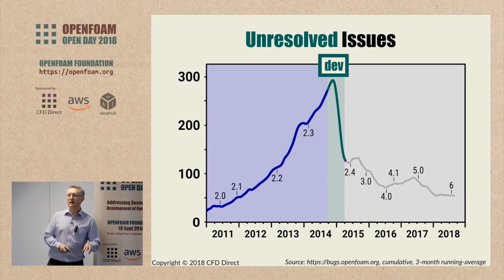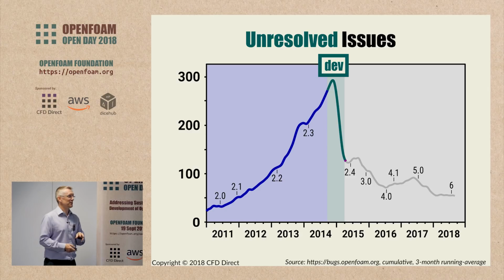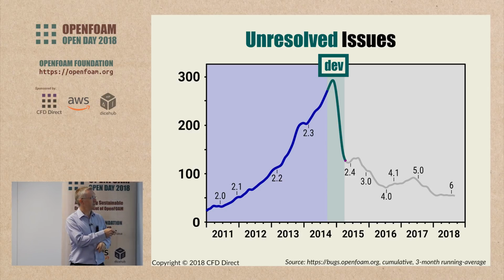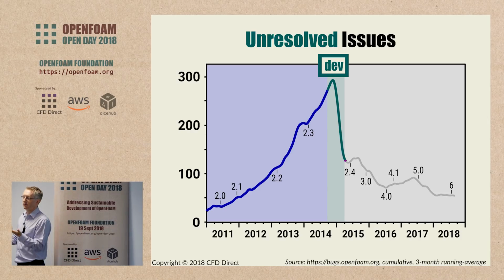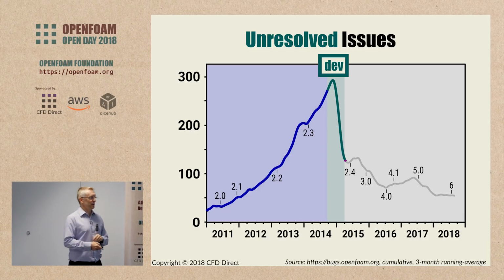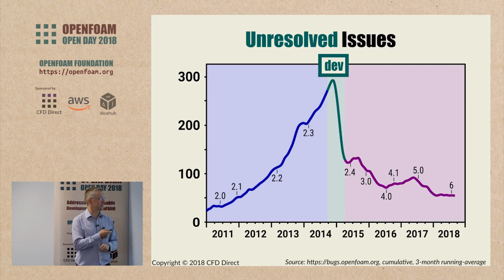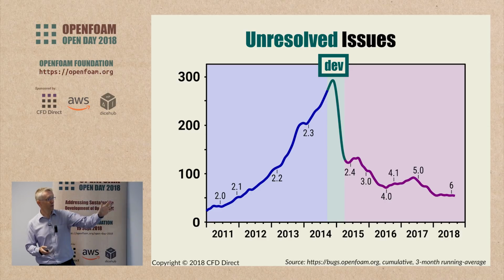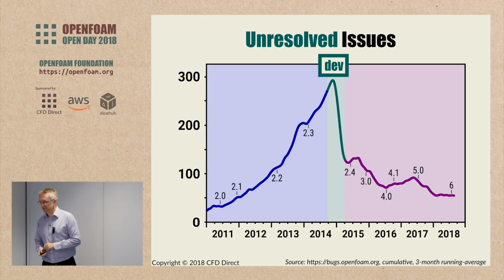Admittedly, he wasn't working for 6 months because he had restrictive covenants from a contract. So he could devote all his time to fixing bugs. So that line is because Henry just fixed bugs every day for 6 months. And then reality came back where we had to earn a living, and so CFD Direct was founded. So the third part is the CFD Direct era of the bug story.